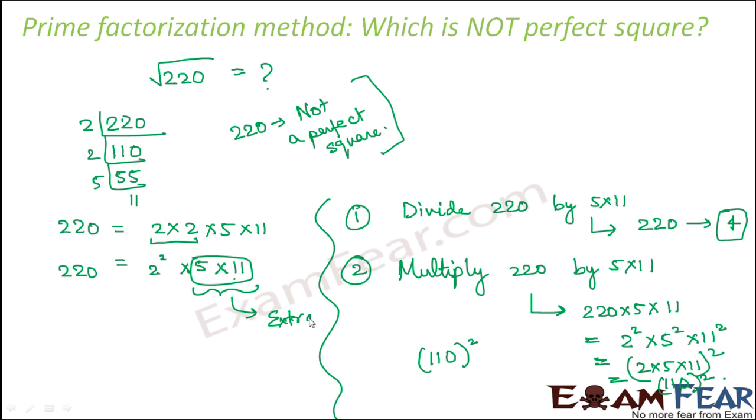So this is the extra part which is not allowing it to be a perfect square. So you either divide this number by this extra part or you multiply this number by this extra part. In that case, the number gets converted into a perfect square number.